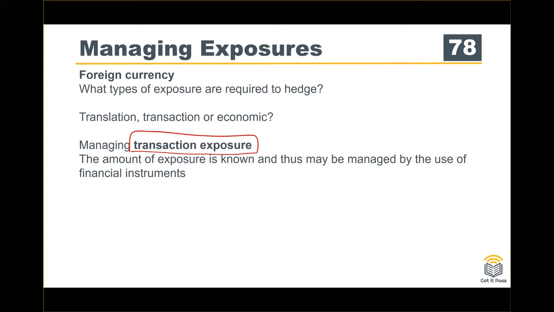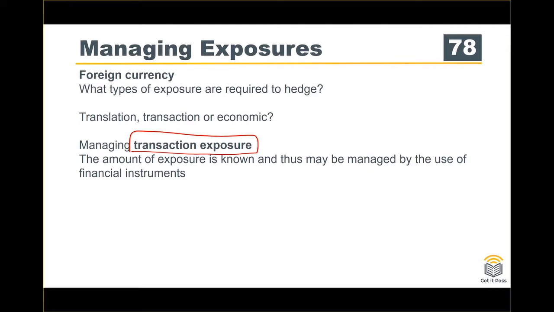So for managing transaction exposure, the amount of exposure is known and thus may be managed by the use of financial instruments. As we mentioned in last class, we know the amount of money and also the period, because the risk is identified by the amount itself as well as the period itself.